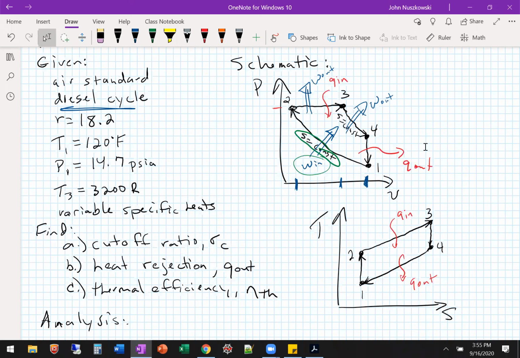The way to look on these diagrams is you're usually either going, like we got information about 2 because we used stuff at 1 to get to 2. So you have to either use the state in the process after it or before it. 3 to 4. Yeah, 3 to 4. So 3 to 4, what do we know? That entropy is constant. Yeah, so we have that isentropic process from 3 to 4.